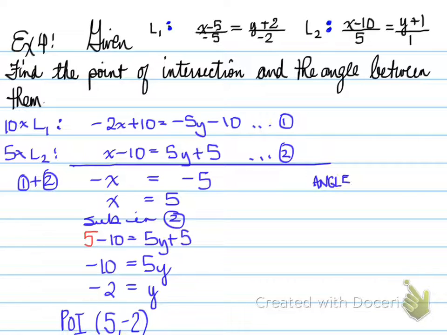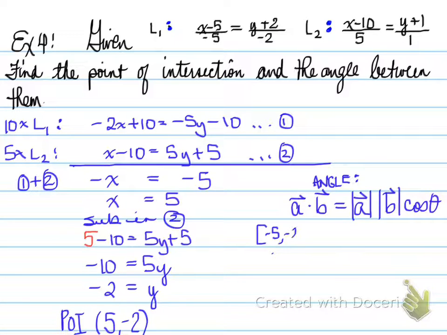The way we do that is we can take the dot product, because the dot product is equal to the product of the magnitudes times cosine of the angle that is between them. So, take the dot product of A and B. Well, A has the direction vector (5, -2).